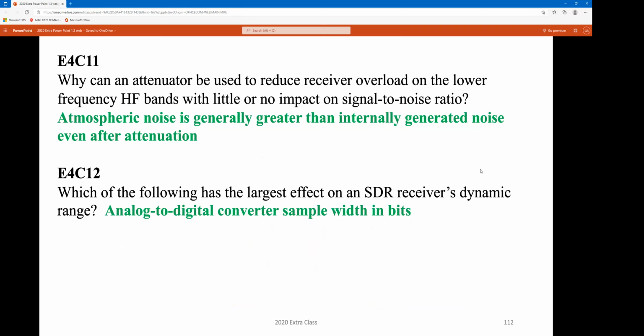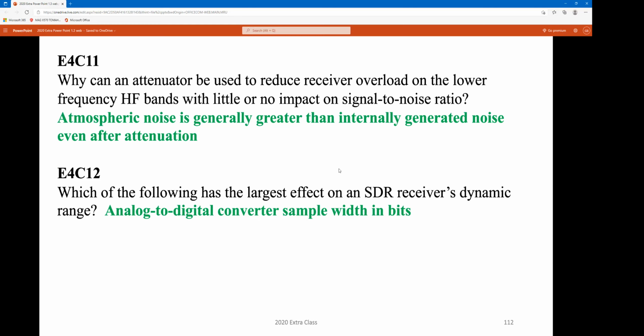Why can an attenuator be used to reduce receiver overload on the lower frequency HF bands with little or no impact on signal to noise ratio? That's because the atmospheric noise is generally greater than internally generated noise even after attenuation. Which of the following has the largest effect on an SDR receiver's dynamic range?